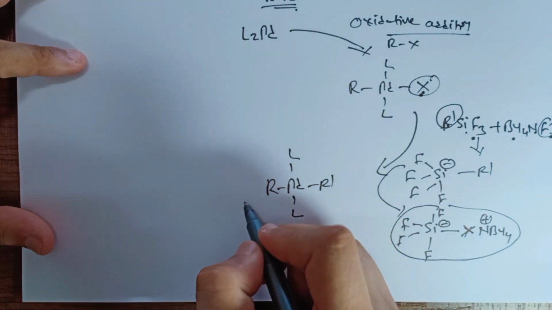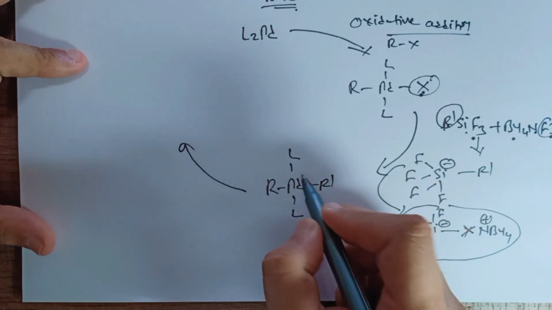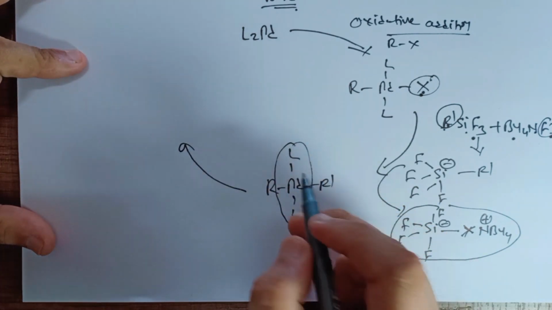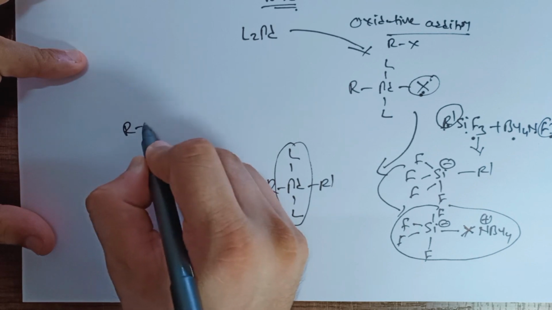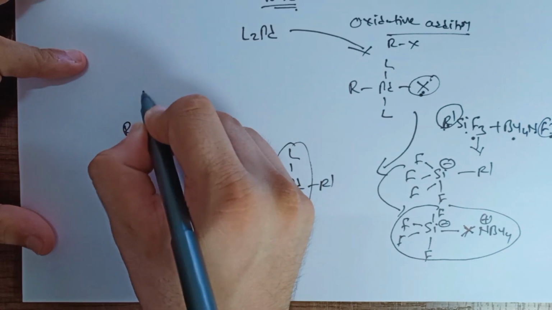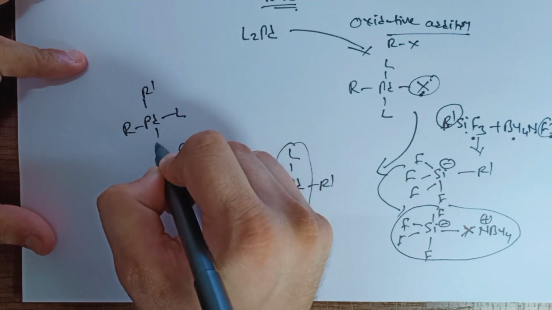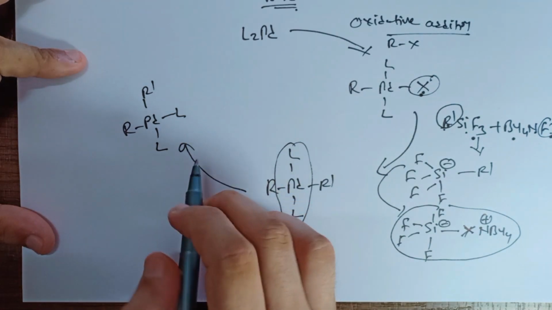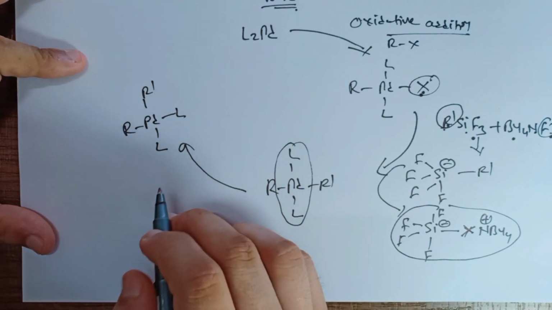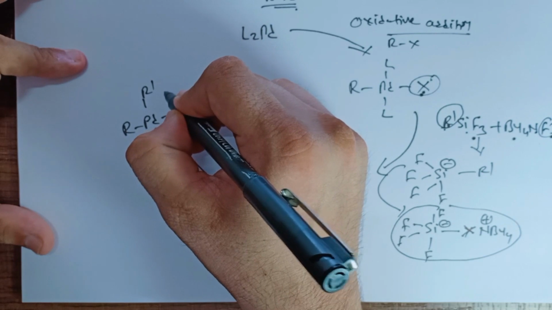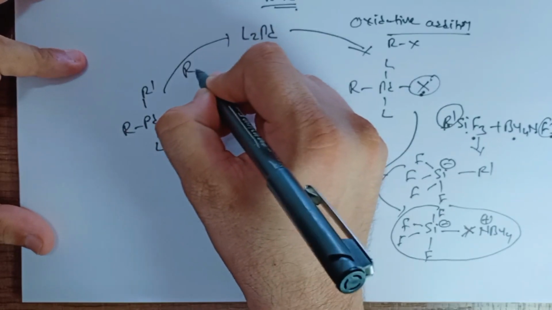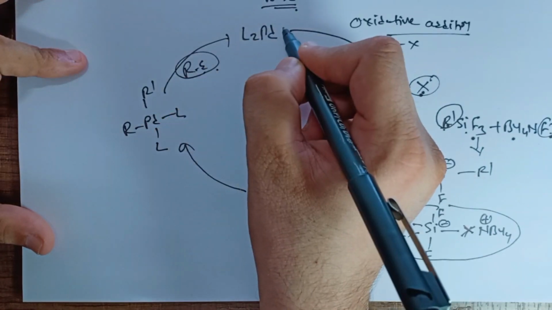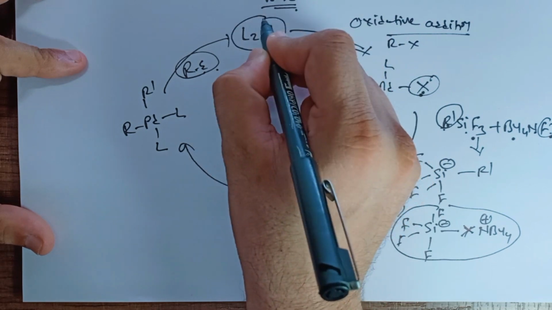In the next step, we can also arrange this as an isomer. So we can also arrange it like this: R palladium R dash over here, with the ligand. There is a cis to trans conformation, cis and trans configuration we can say. Now by the help of the reductive elimination, you can also produce this as a starting material.